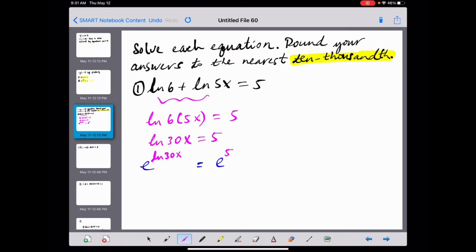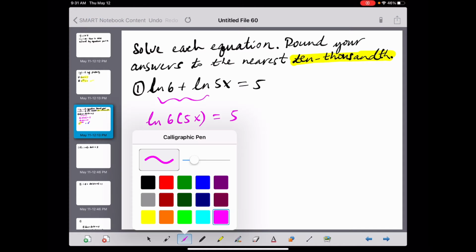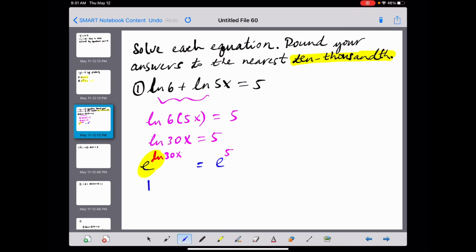Okay? So this part right here, e to the ln, we know that is equal to 1. And then the 30x, it jumps down. It becomes a regular number. And then e to the 5th. The next part, we're just going to punch in your calculator e to the 5th.